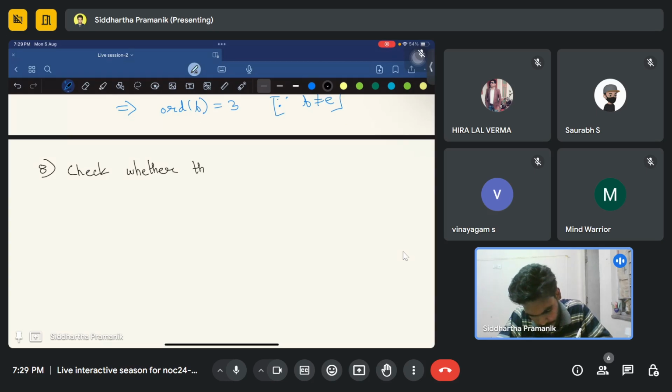Check whether the following functions are group homomorphisms or not.